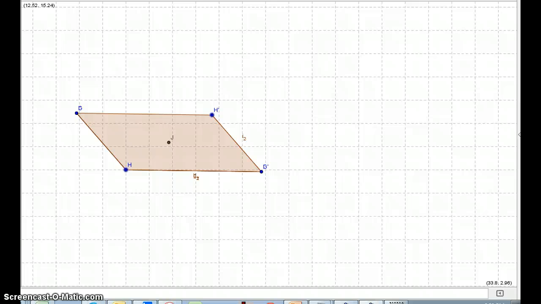So I have this lovely parallelogram, and I have a segment from G to H that I'd like the midpoint of. So I'm going to use the midpoint tool to get a midpoint for F sub 1.